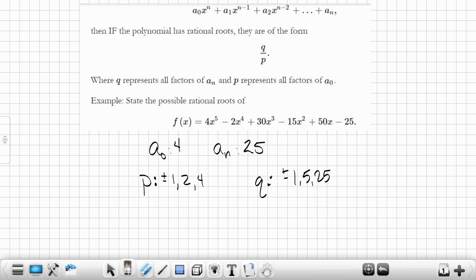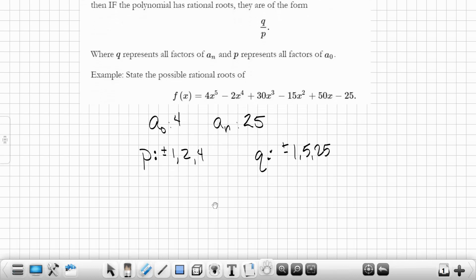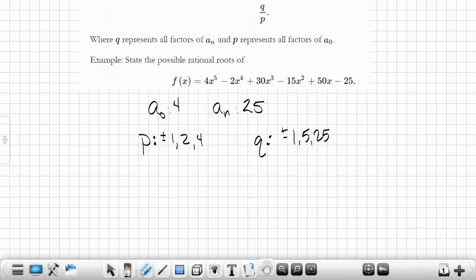So now, here's the part where you guys can miss a step, and you've got to be careful. We do every possible version of Q divided by P. As long as you keep an order, you won't miss any. So every possible combination of Q divided by P. These are all going to have a plus or minus in front of them.